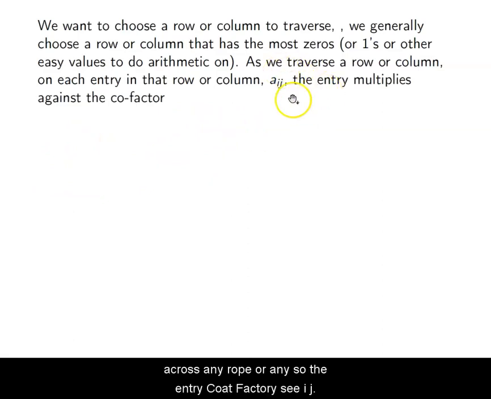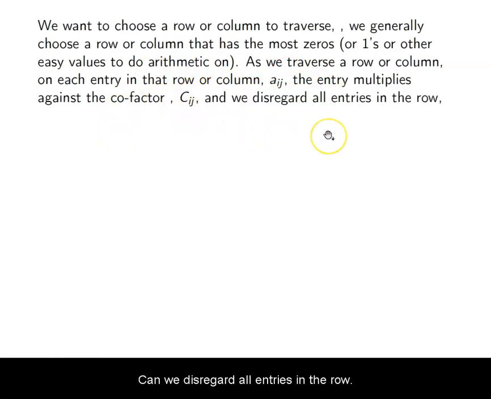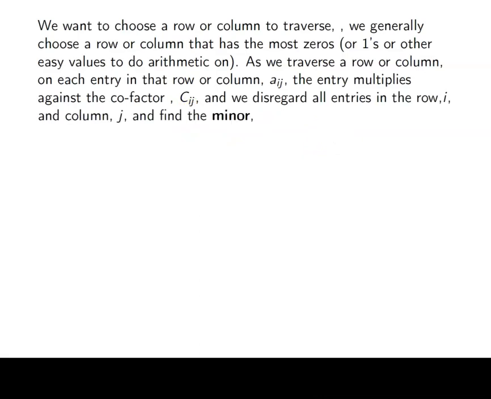Okay, so the entry Aij multiplies against my cofactor, which is Cij, and we disregard all entries in the row and in the column, and we find the minor. The minor is the determinant of the matrix that's left when we delete the row and column that our value is in, that we're going down.